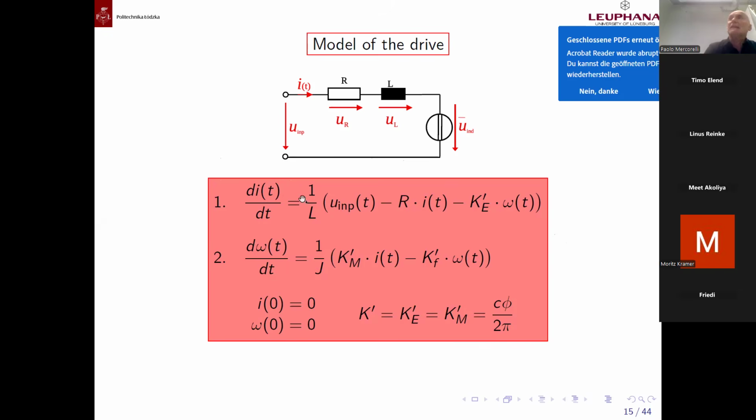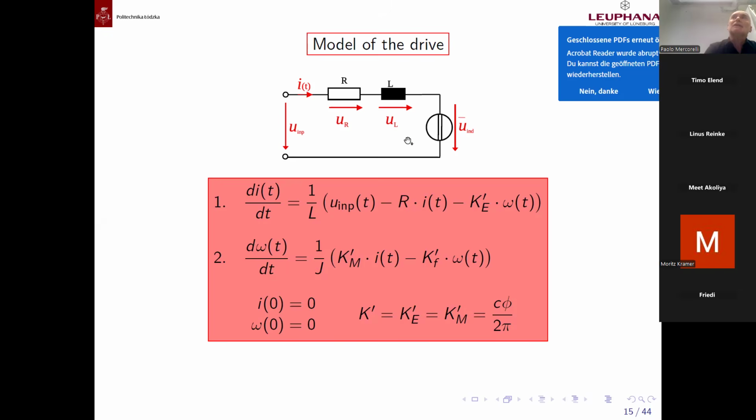But if you look at equation number 1, if you don't consider this term at the beginning, we are in the presence of an RL circuit, in which we have clearly the Kirchhoff balance in this equation here. We have the input U equal, in another form, R multiplied by the current, plus L multiplied by the derivative of the current with respect to time.